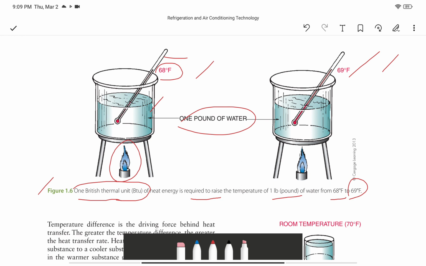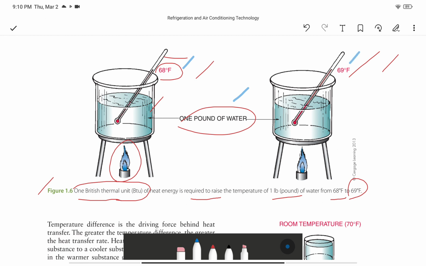When he defines the British thermal unit, one British thermal unit is equal to the amount of heat that changes the temperature of 1 pound of water from 68 degrees Fahrenheit to 69 degrees Fahrenheit.